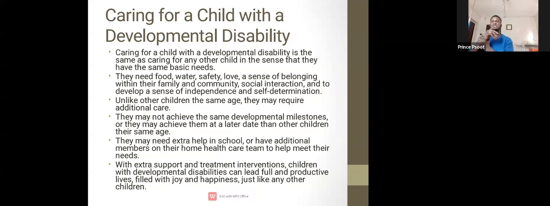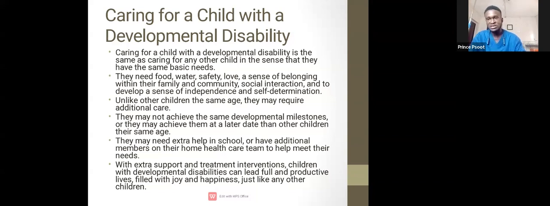They may not achieve the same developmental milestones, or they may achieve them at later dates than other children of the same age. So they may need extra help in school or have additional members on their home health care team to help meet their needs.